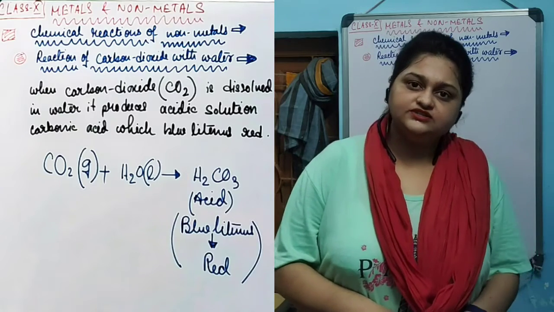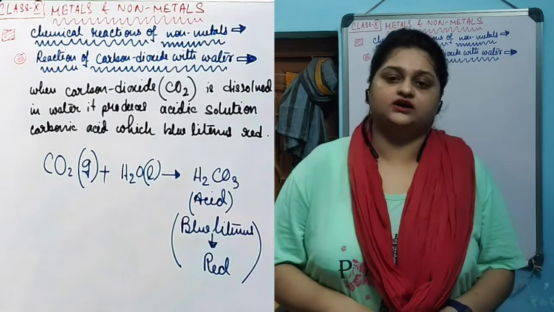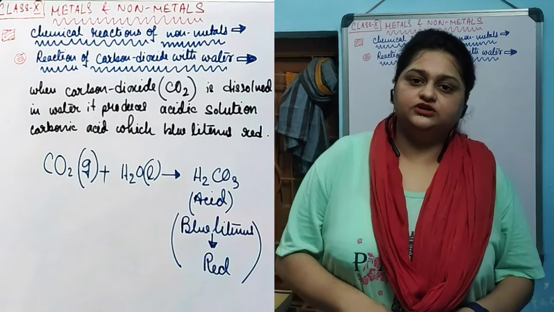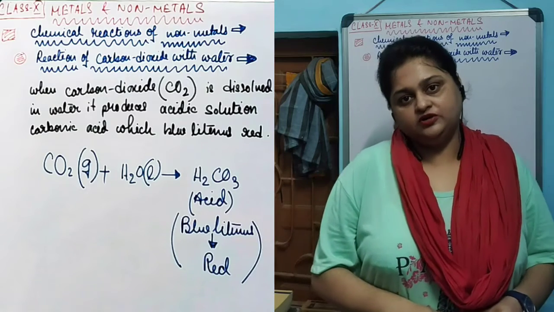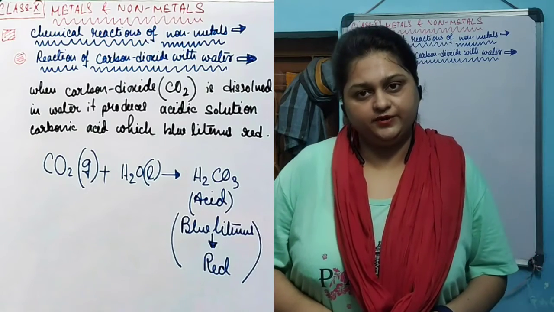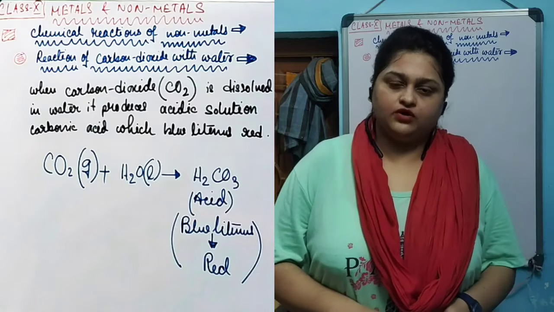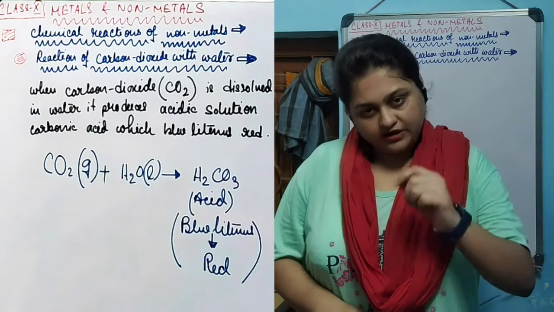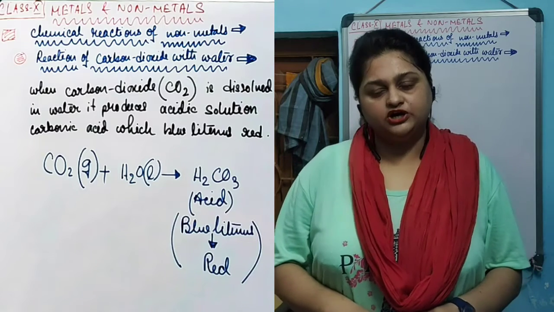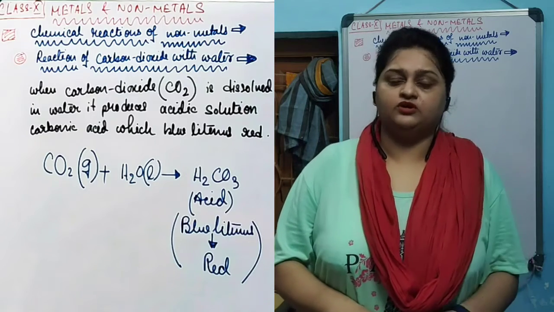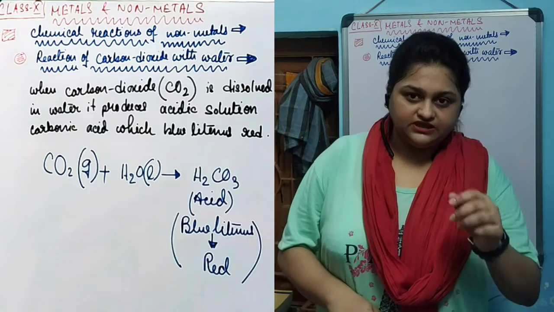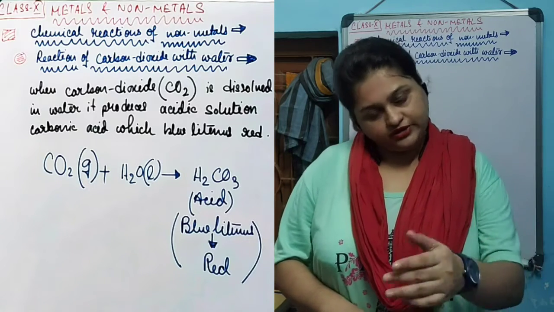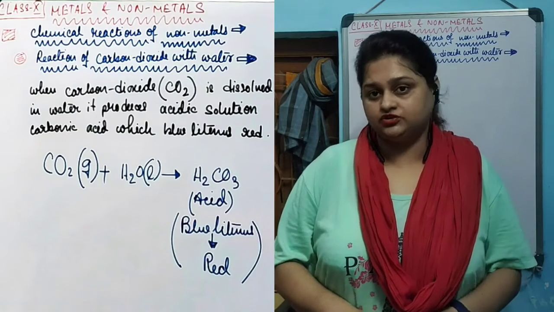One of the non-metals that we discussed was carbon. When carbon is burned in an insufficient amount of oxygen present in air, carbon monoxide is formed along with evolution of heat. But when carbon was burned in a sufficient amount of oxygen in the air, this reaction produced carbon dioxide, and heat was also generated.